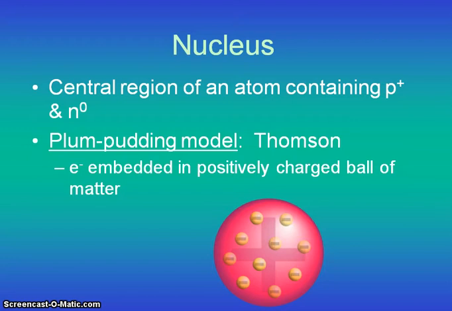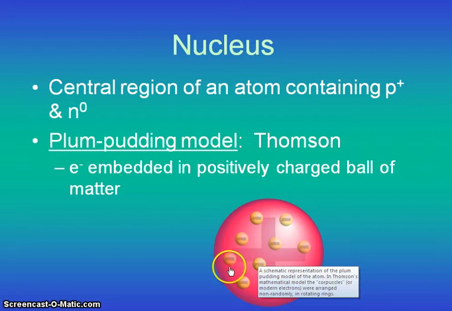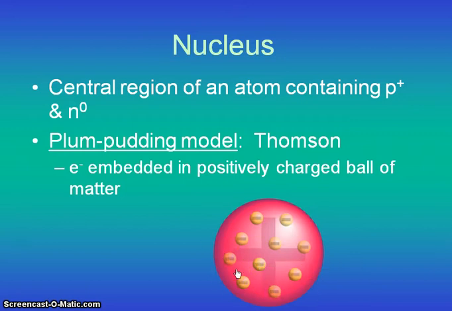And Thomson kind of elaborated on that and said, well, I do believe it's this ball of matter, and I think it has positive charges with electrons embedded in the outside of it. So the majority of it makes up the nucleus that's positively charged, and then just on the outsides, embedded in the outside, are these negative electrons. And that's what he called the plum pudding model.